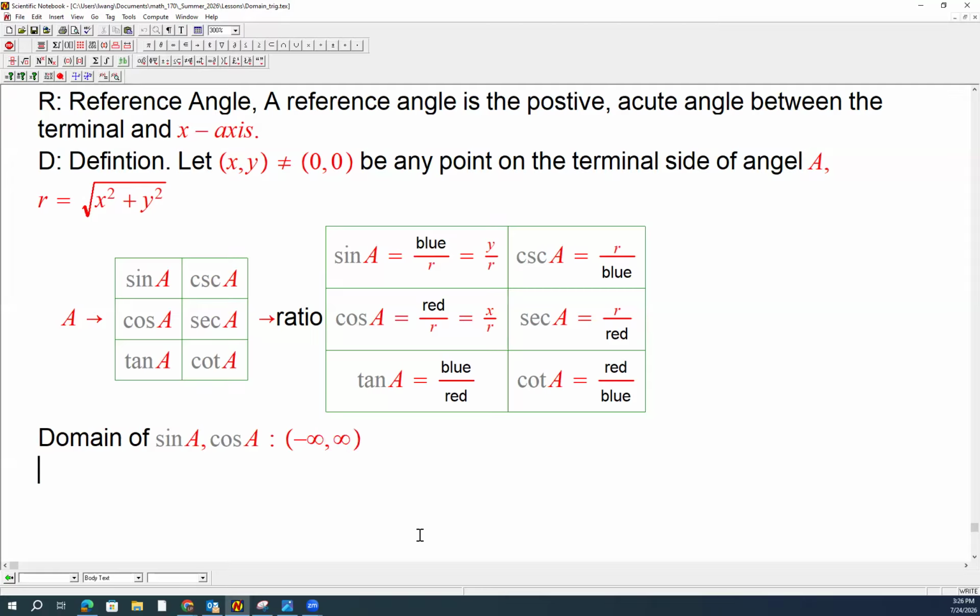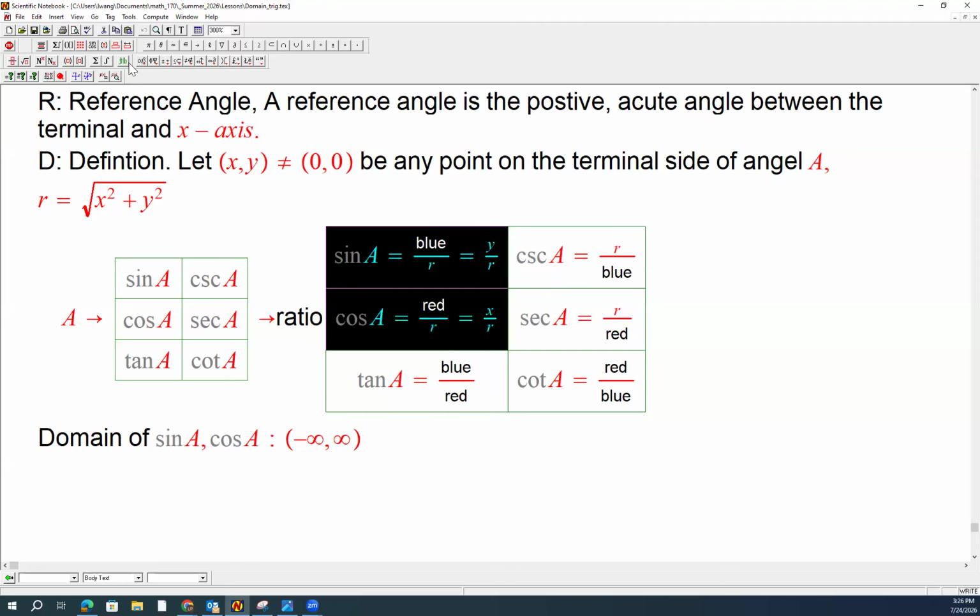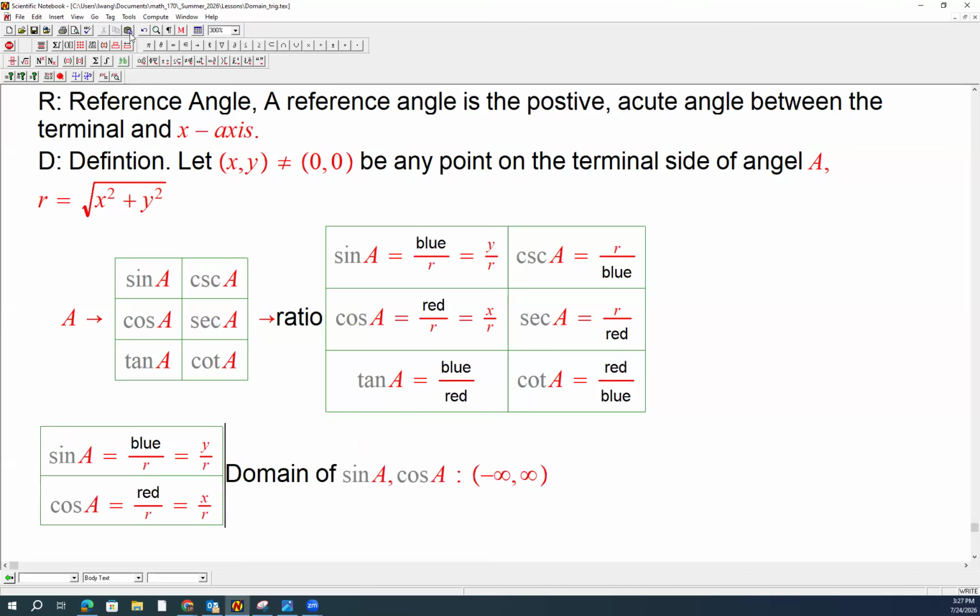With that understanding, let's look at the domain for cosecant. For the domain of sine and cosine, we group sine and cosine together. Their domain and range are the same, actually.